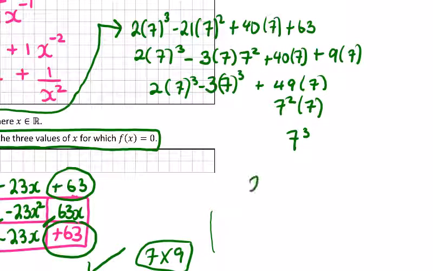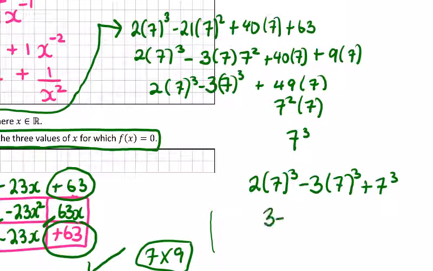So we have 2 by 7 cubed minus 3 by 7 cubed plus 7 cubed, which is 3 by 7 cubed, minus 3 by 7 cubed, for no other reason than to just show that this is equal to 0.